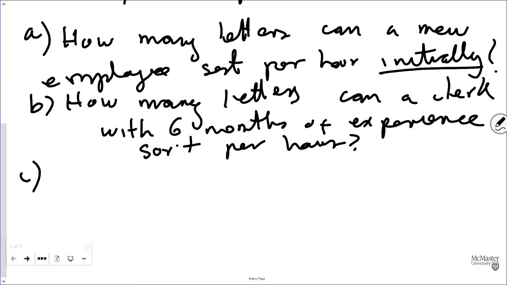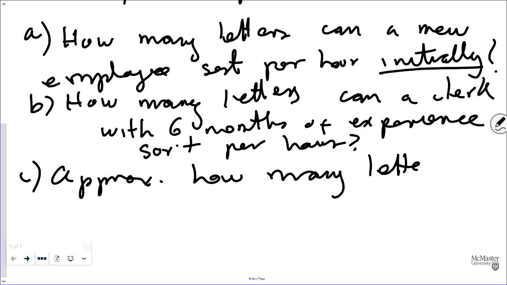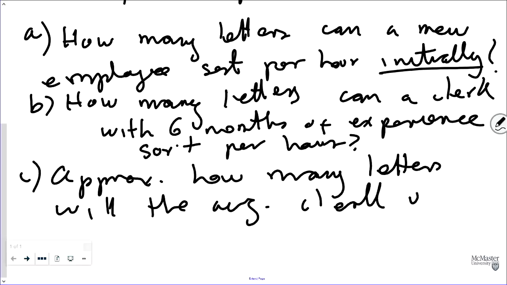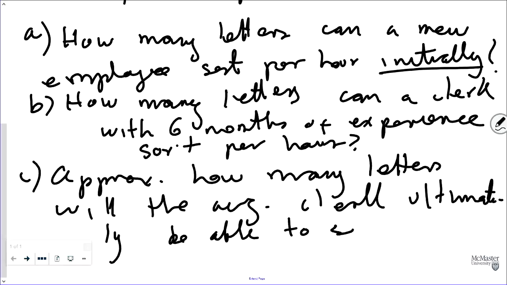The third one is, approximately how many letters will the average clerk ultimately, meaning that you will have to take a limit as time approaches infinity, be able to sort per hour.